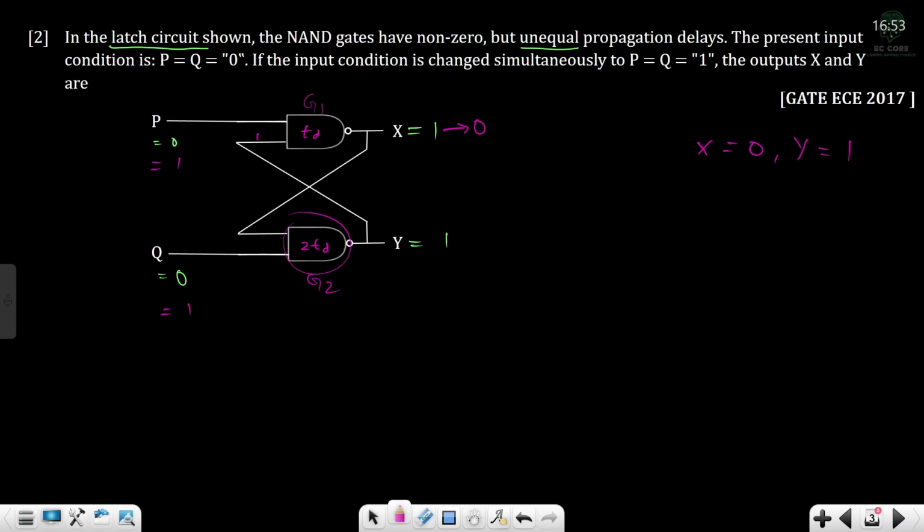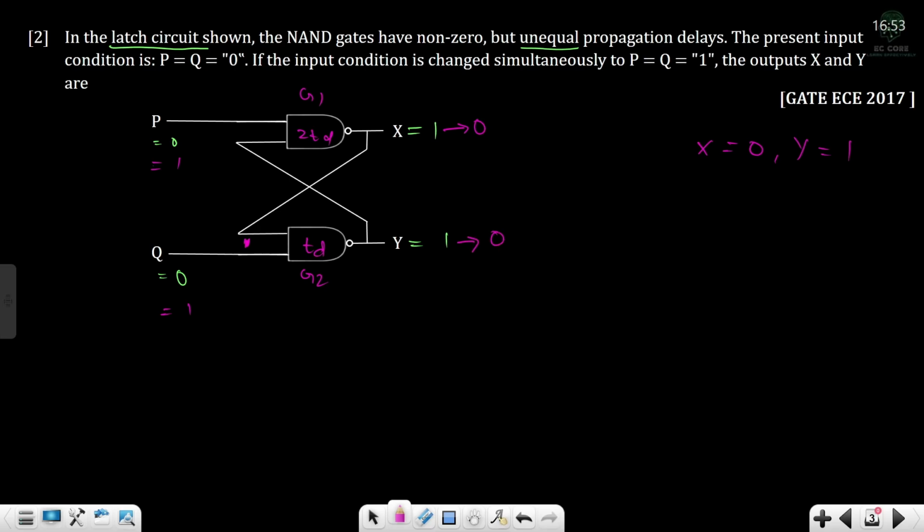Now let us take another case where gate 2 delay is lesser than gate 1. So let us take this one as 2 TD and this as TD. Here my output will be 1, so then I will have 1 and 1.